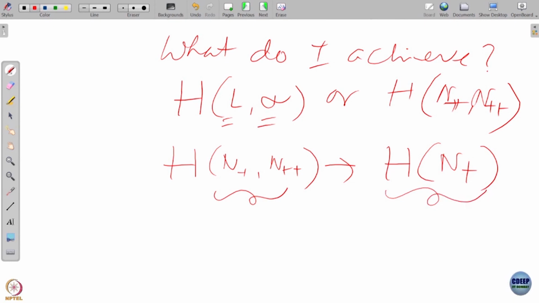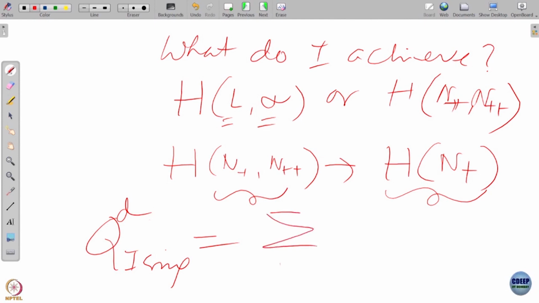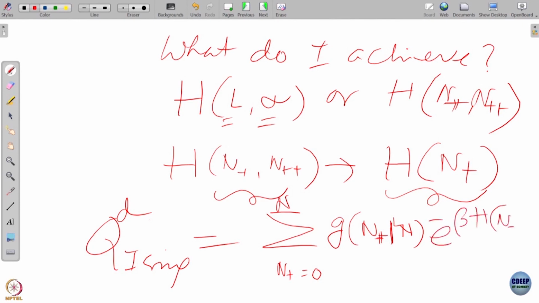Now, with this Hamiltonian in n plus, the Ising model partition function for any dimension d is a sum over all n plus, from 0 to n, of the number of ways I can distribute n plus up spins among n spins, times e to the minus beta H of n plus.